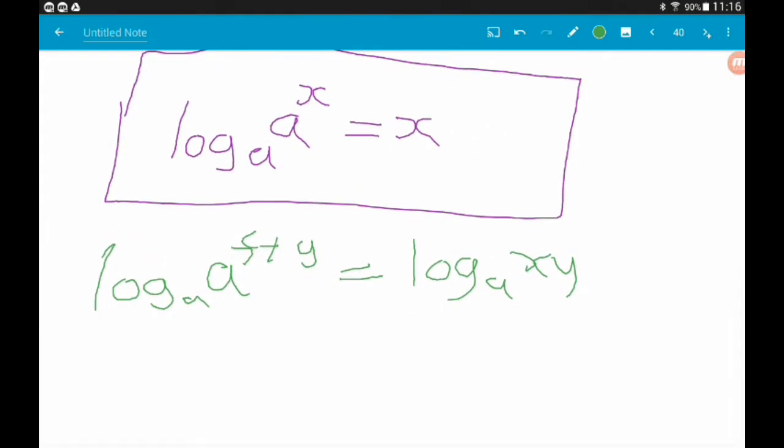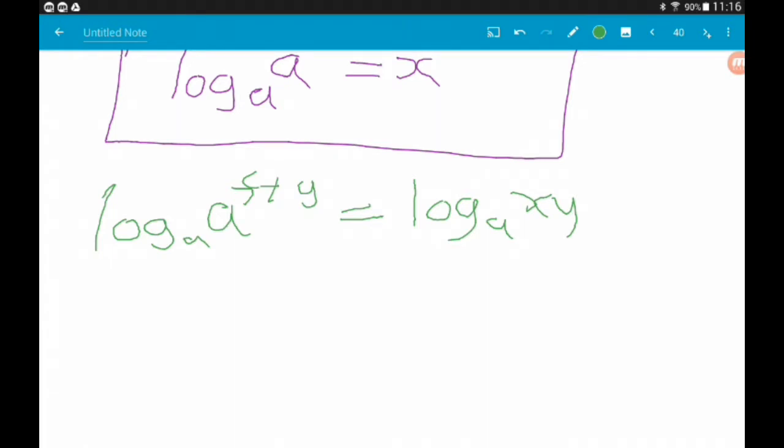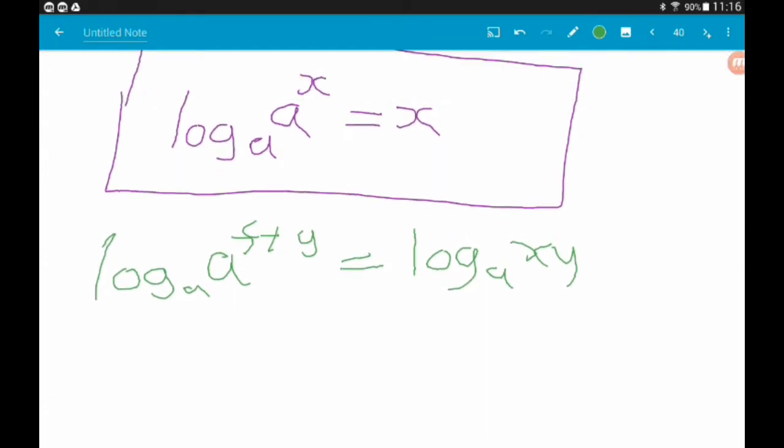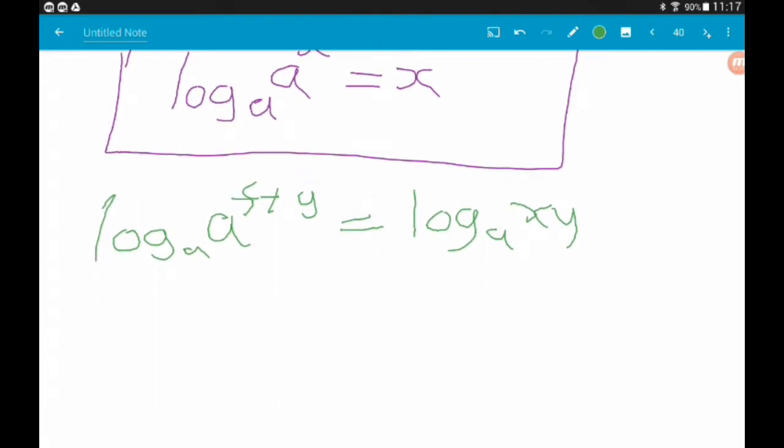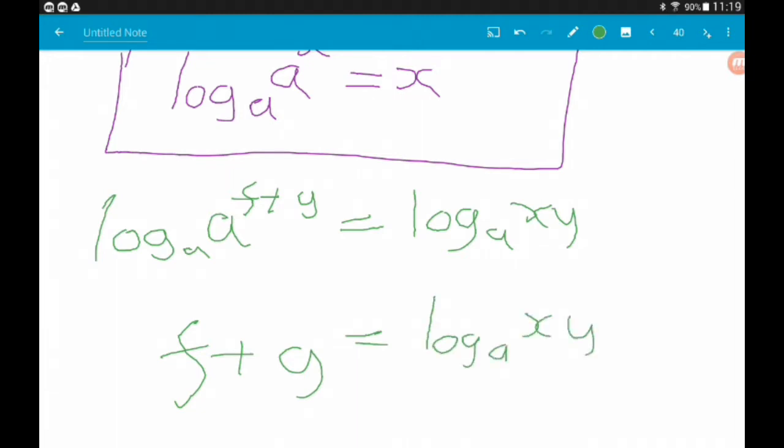Now on the left, using this cheeky little statement here, on the left hand side, log base a of a to the power f plus g is just f plus g. So now we have f plus g equals log base a of xy.